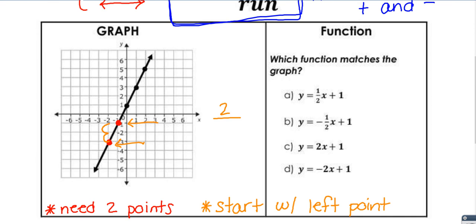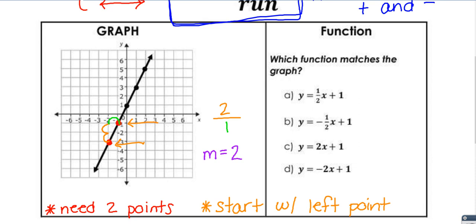Now that I'm on the same line, I now have to run 1 time to get to my actual point, and that is my run. So if we were to simplify this, 2 over 1, my slope, my m, equals 2. 2 divided by 1 is 2. If you need to watch that part again, go ahead and rewind and replay it.